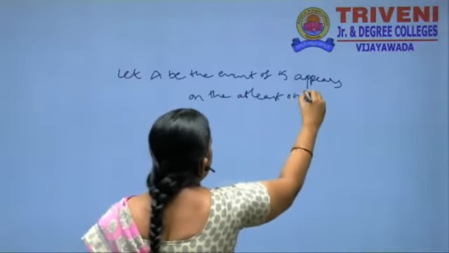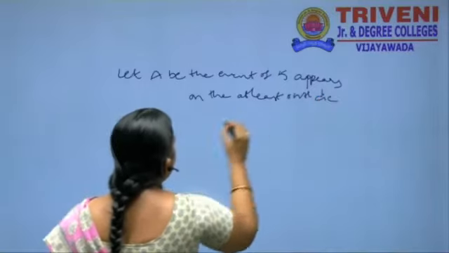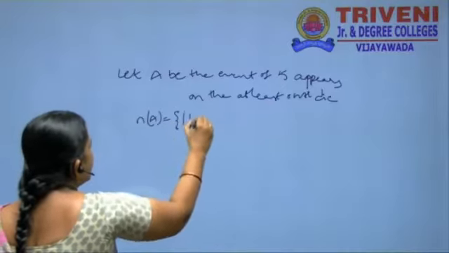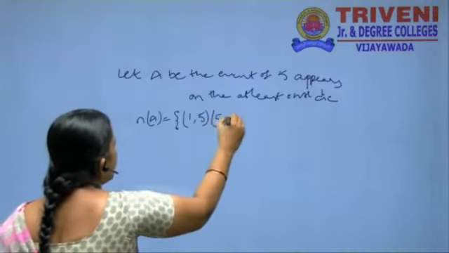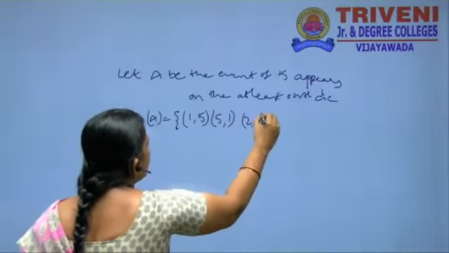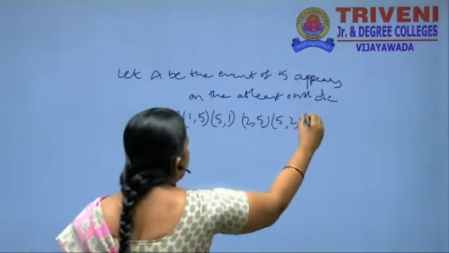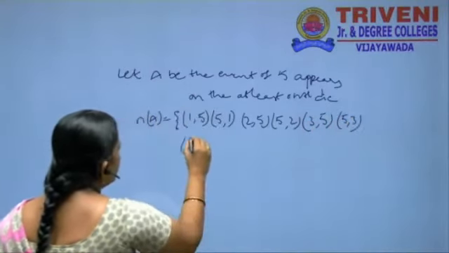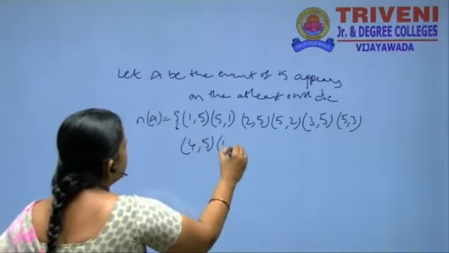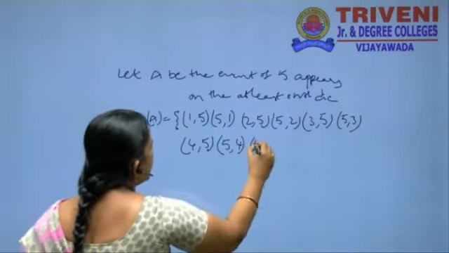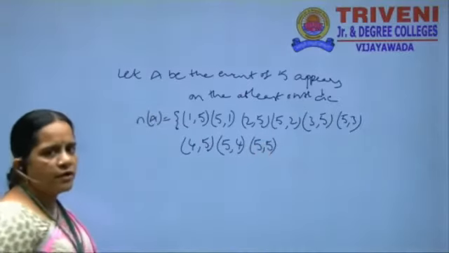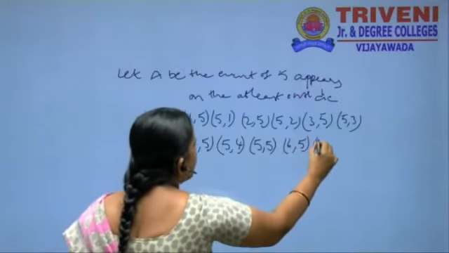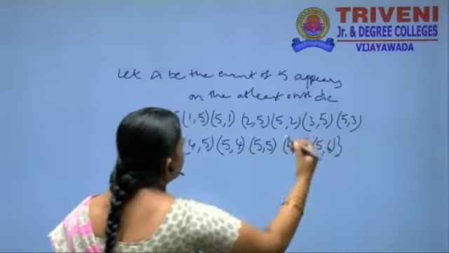At least one of the die means we take it as N of A. At least one means we have to write here 1 comma 5 or 5 comma 1, and again 2 comma 5 and 5 comma 2, and next one is 3 comma 5 and 5 comma 3, and again 4 comma 5, here also 5 comma 4, and again 5 comma 5. Here we have to take only one 5 comma 5, since 5 comma 5 is the same. That's why we are taking 6 comma 5 and 5 comma 6.